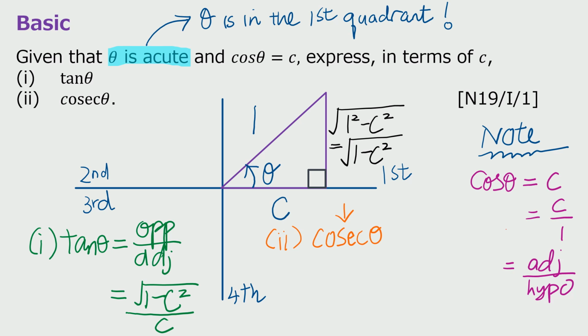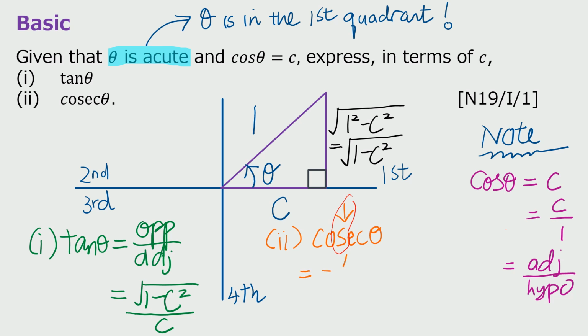Then, let's look at part 2. Why do I put the arrow there? I put this arrow here to help you remember. Cosecant theta is equal to 1 over sine theta. You just need to look at the third letter. The third letter is the letter s, the first letter of the word sine.